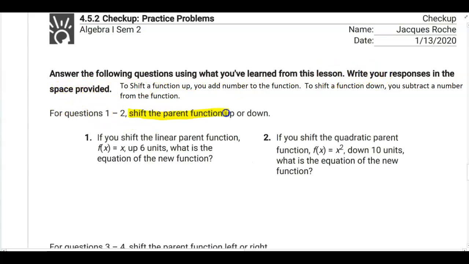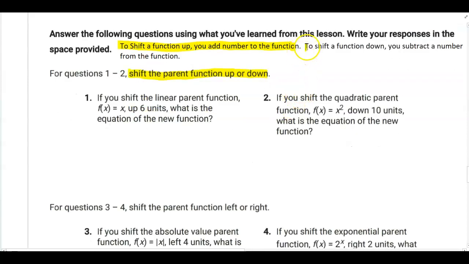So this section's on shifting a parent function up or down. And anytime we shift a parent function up or down, you are adding a number to the function. If you want to shift it down, you subtract a number from the function. So, if you shift a linear parent function, f of x equals x, up 6 units, what is the equation of your new function?